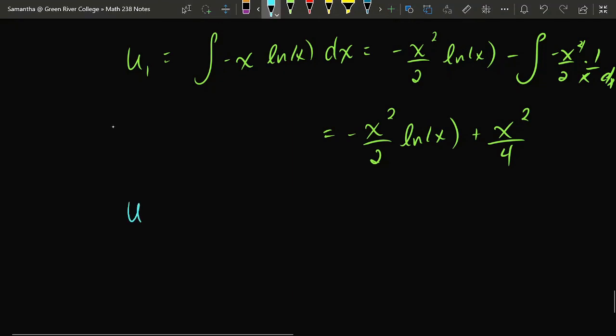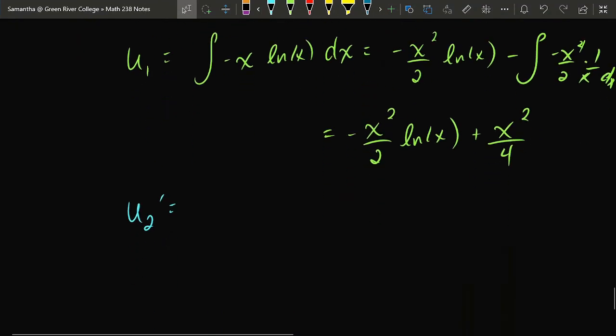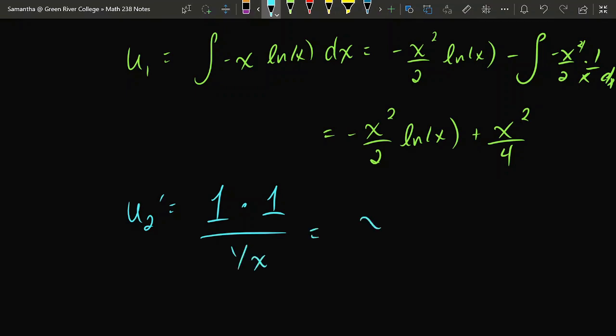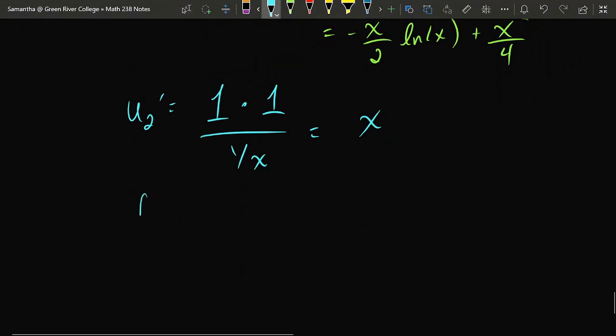Similarly, for u2 prime, y1, which is 1, multiplied by f of x, which was also 1, divided by the Wronskian, which was 1 over x. So that simplifies to just x, whose integral is given by x squared over 2.